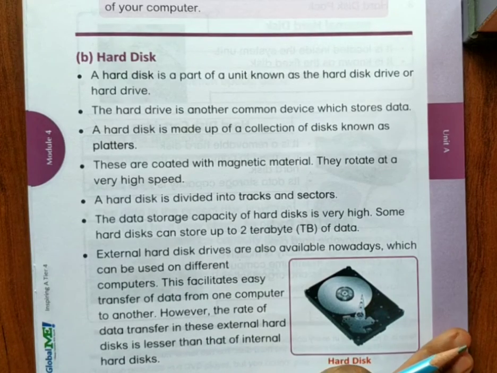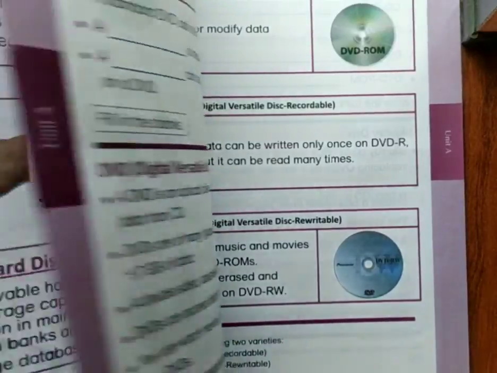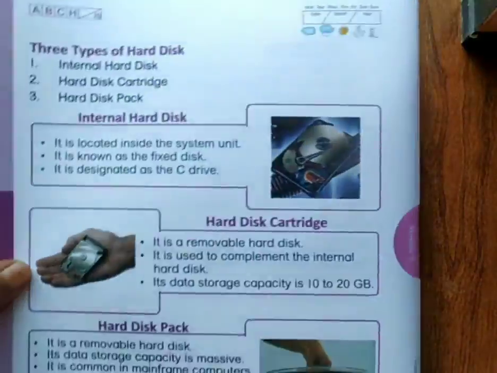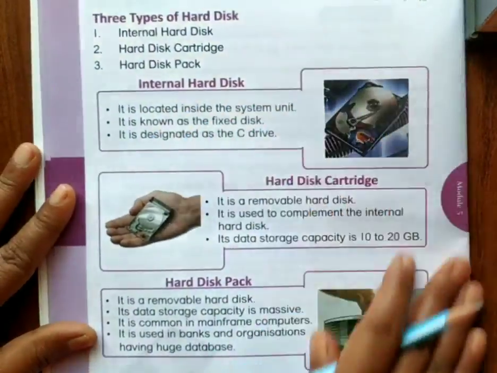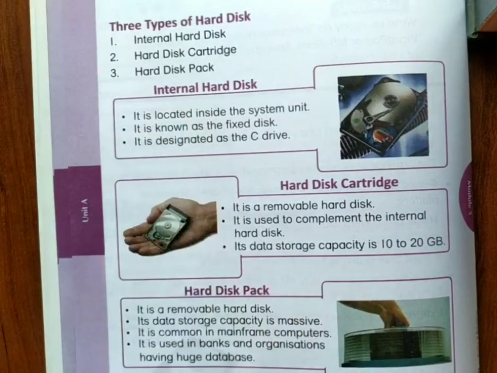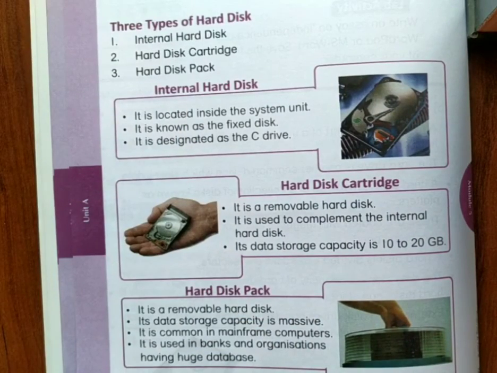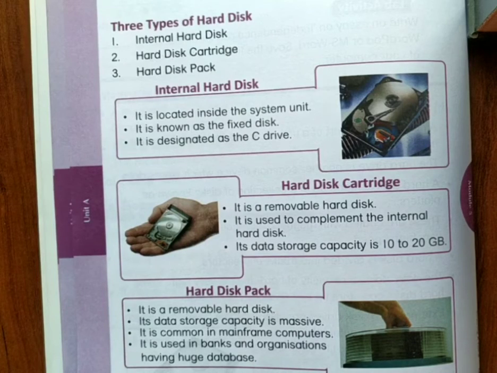Next we will see that there are three types of hard disk: the internal hard disk, the hard disk cartridge and the hard disk pack. The internal hard disk is inside the system, and it is a fixed disk. We call it the C drive and so on, a disk drive.